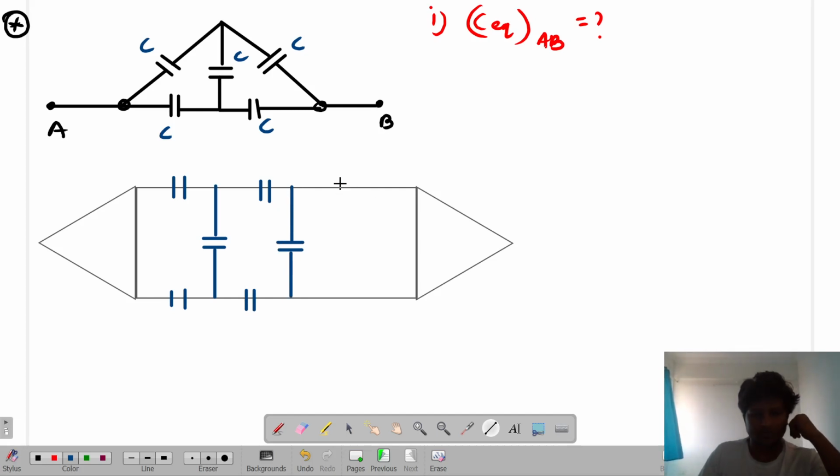Tomorrow onwards I'll keep these diagrams ready already.